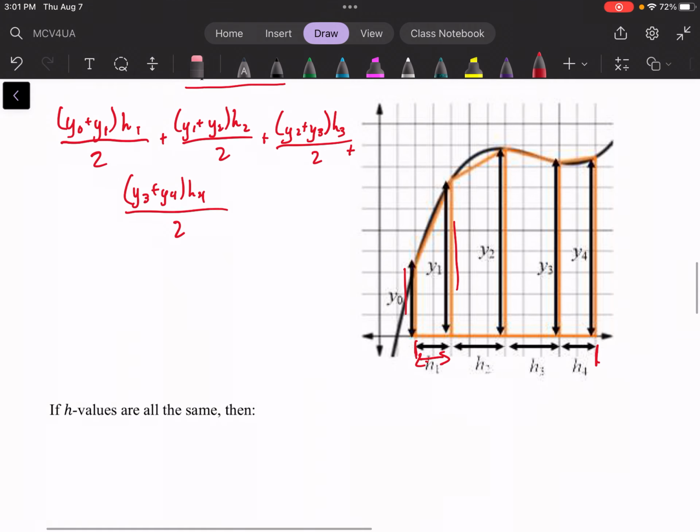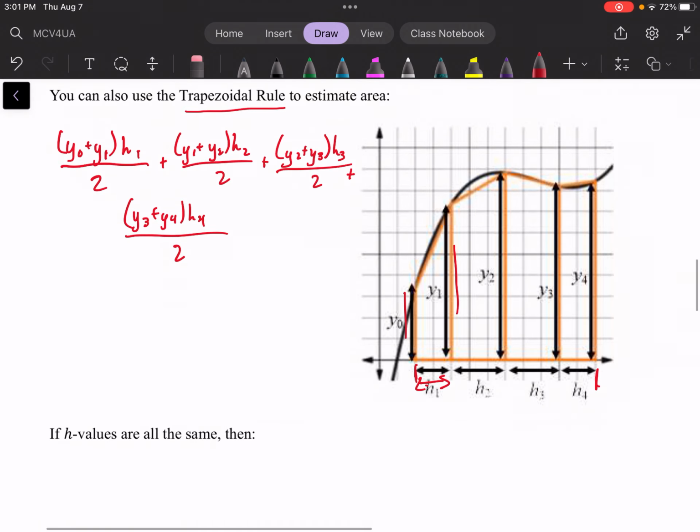Now sometimes, not always, but sometimes, these h values turn out to be the exact same size. Now if the h values turn out to be the exact same size, this area that you have here, we'll call it A, can be calculated just by factoring out the value of h and 2, which you can factor out the half, by the way, at any point in time. And then you have y0.